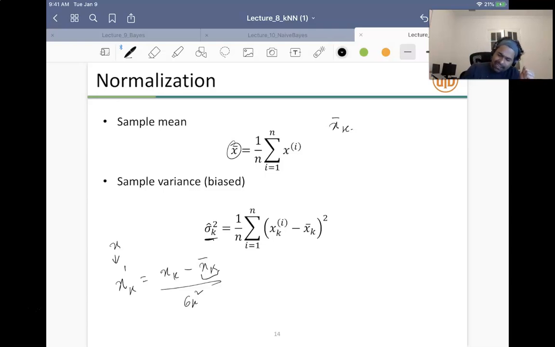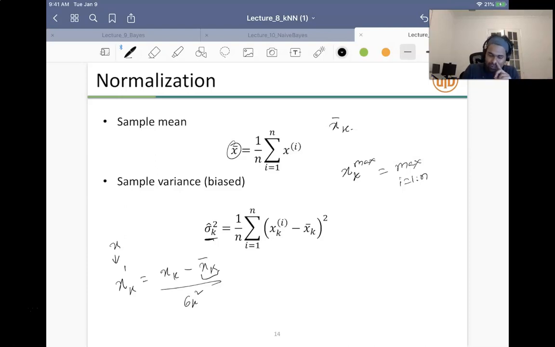Another way of normalizing is also called the min-max normalization. You compute x k max for the kth dimension, which is the max over i from 1 to n of x i k. Here I've used n to be the number of data points.